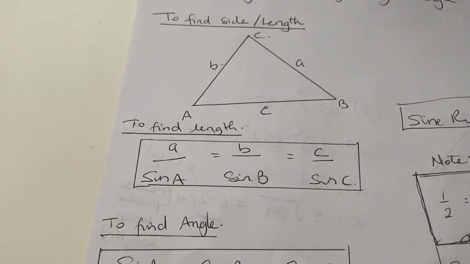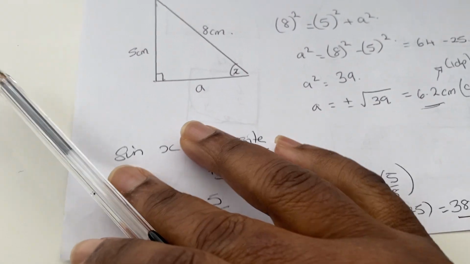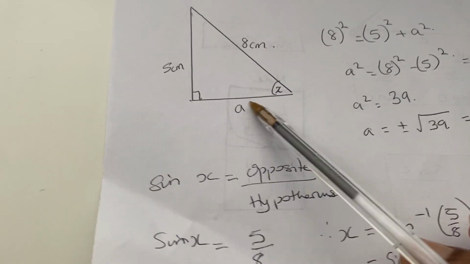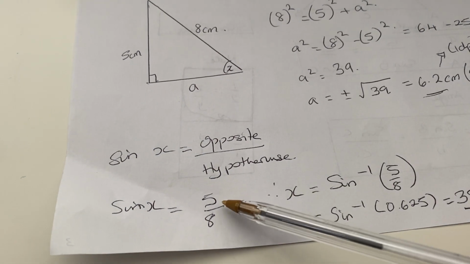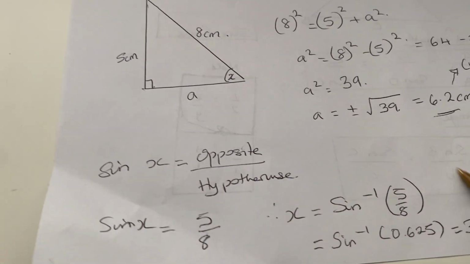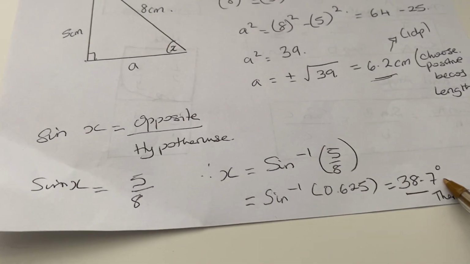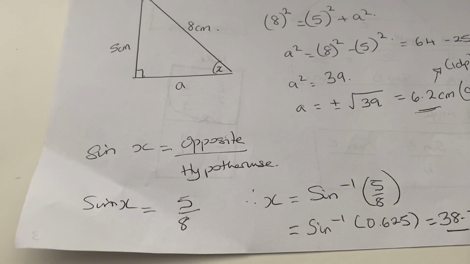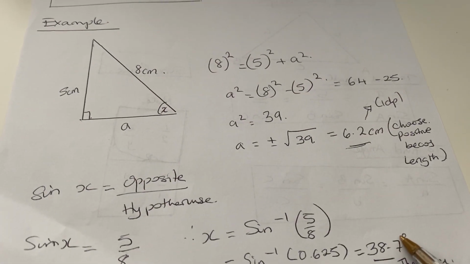So in this example, with the right angle triangle, we found the A, and then we used the opposite and the hypotenuse to find the sine inverse, to find the angle x there. Okay, the example I've just brought.